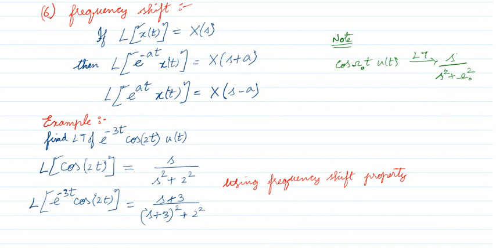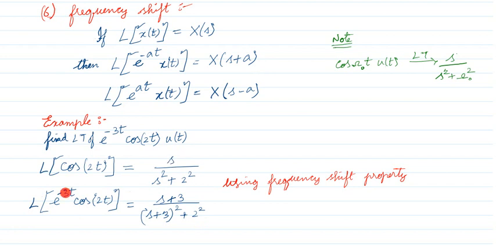So here, if it is e power minus 3t, it becomes s plus 3 into s plus 3 whole square plus 2 square. So what I have done here is, in place of s, I have replaced it with s plus 3. Since it is minus 3, I have replaced it with s plus 3.